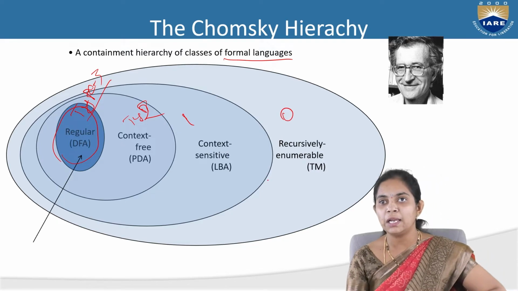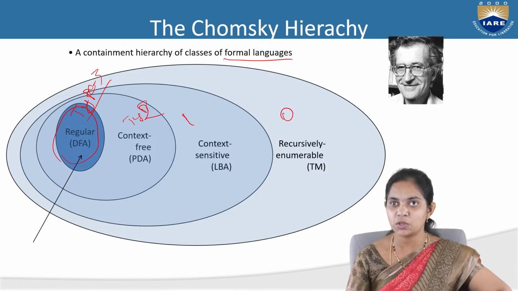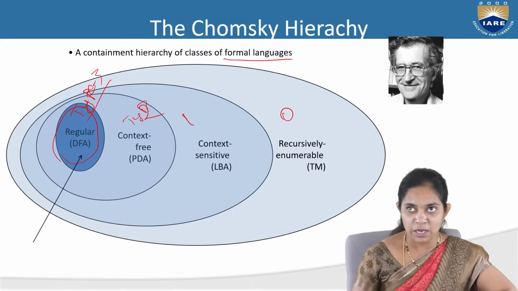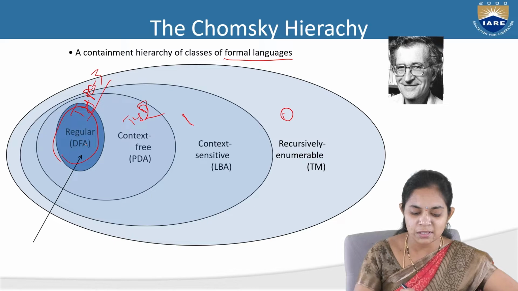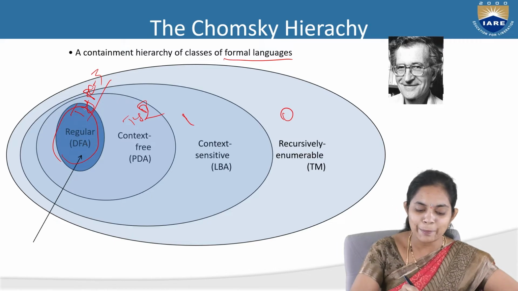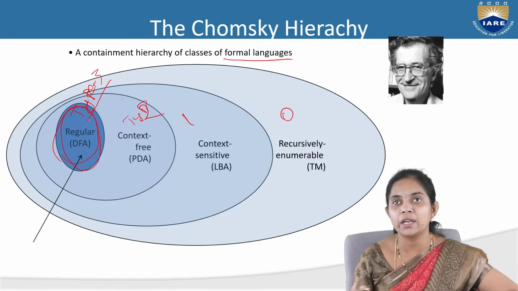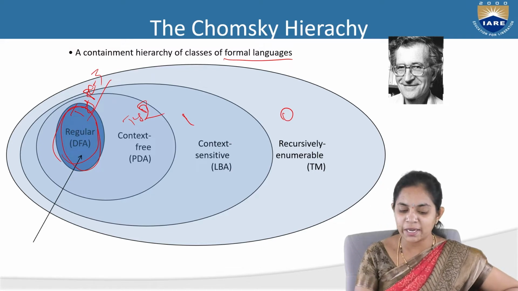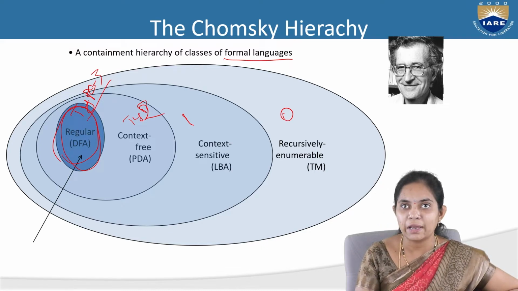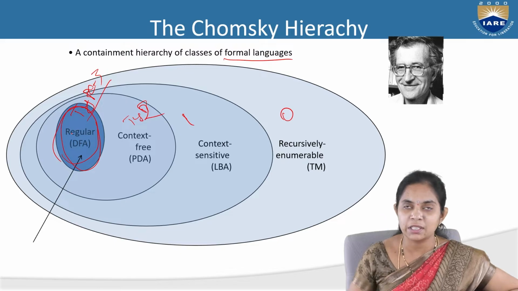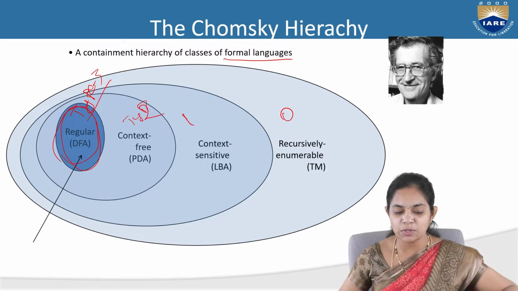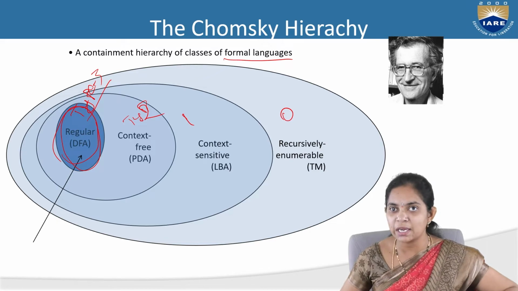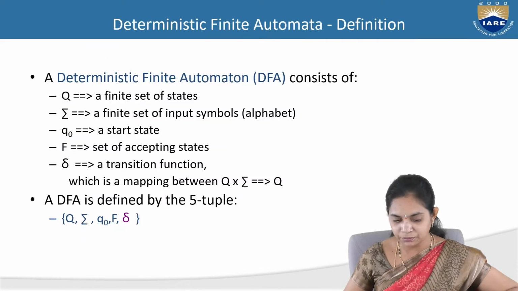These are all the formal languages described by the Chomsky hierarchy. Regular languages are the basic ones, located inside the context-free languages. Here the regular languages are represented in bold blue color. That is the language recognized by the DFA.